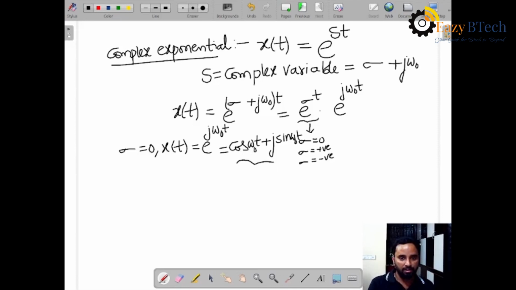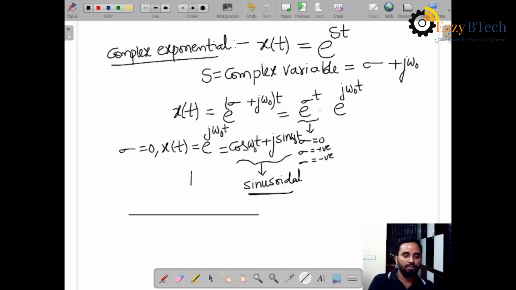This expression or this function is called a sinusoidal function. Already we discussed the sinusoidal function. Sinusoidal means you know the waveform: I am plotting either sine or cos.